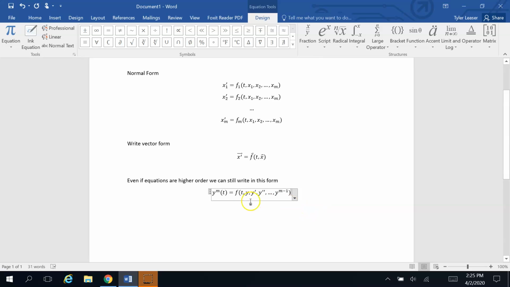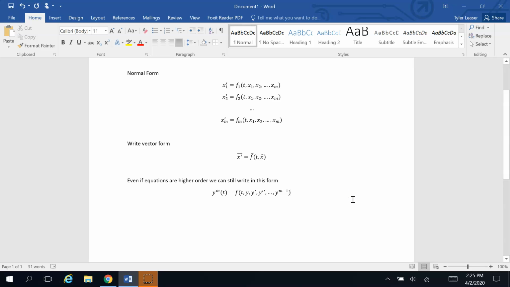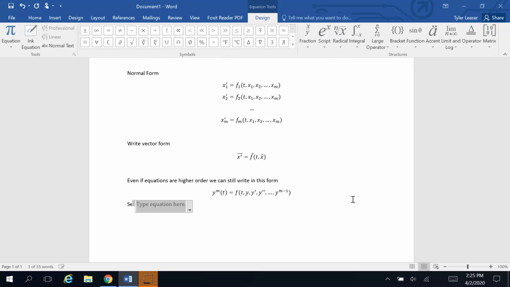Okay, so if we had some differential equation here with a bunch of y's, if we just got the highest order derivative on one side by itself, and then the right-hand side is anything else, so just terms of t, terms of y itself, terms of the first, second derivative, all the way down to the derivative before the highest order. What we can do is we can define some new functions equal to some of these.